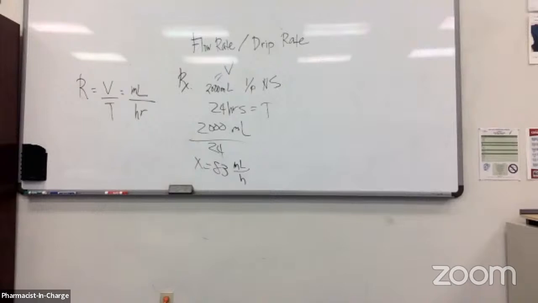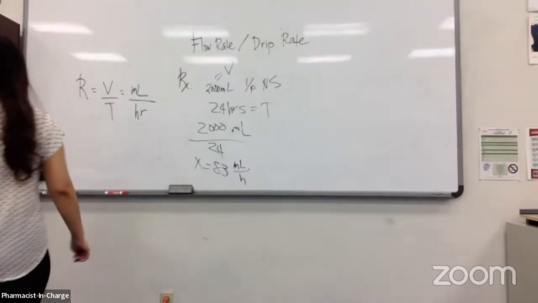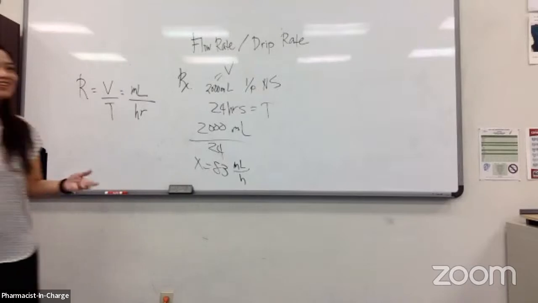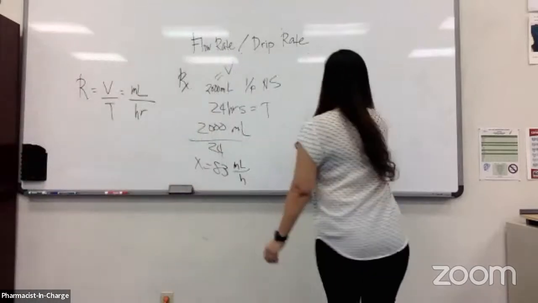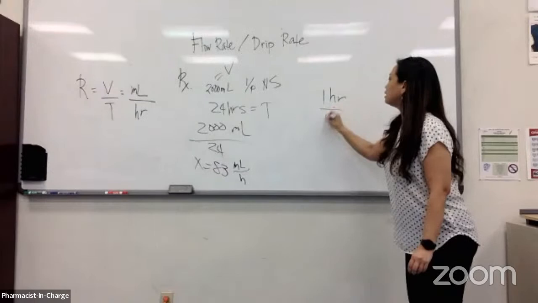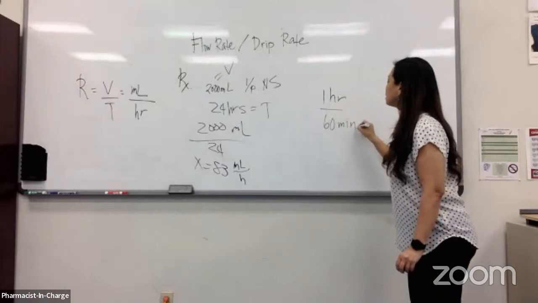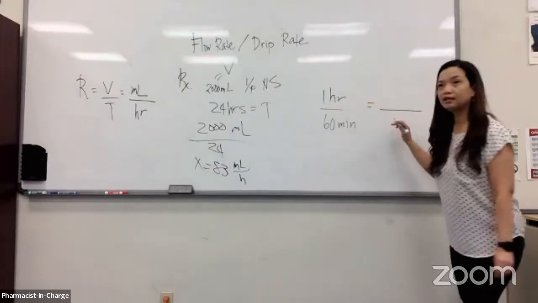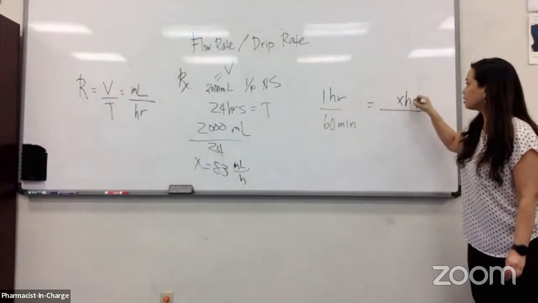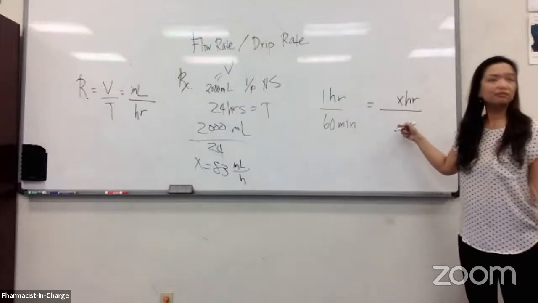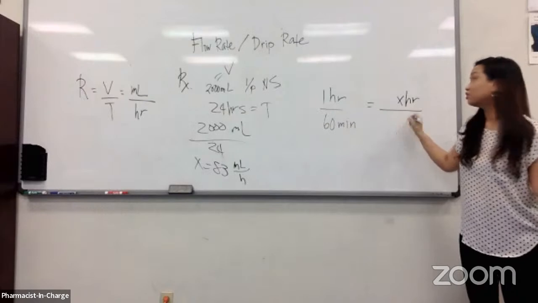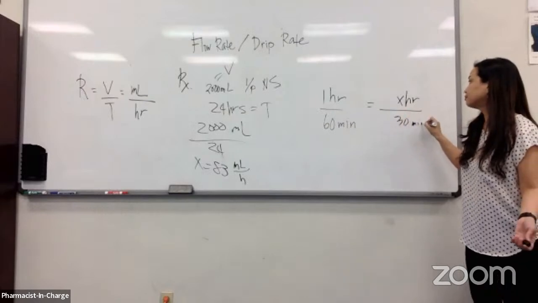For 5, right? Convert your minutes to hours. How do you do that? Ratio proportion. Good. If 1 hour is 60 minutes, blank, X hour is to what? Whatever's given. Okay, make it 30 minutes. Very good.